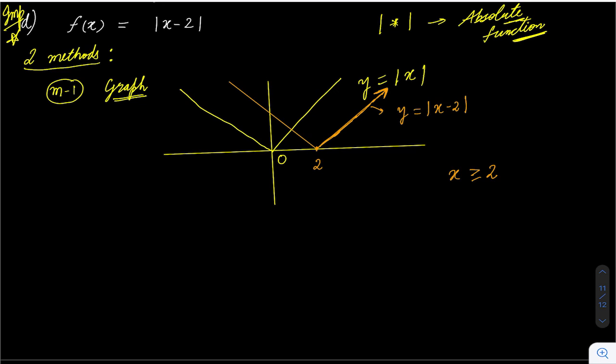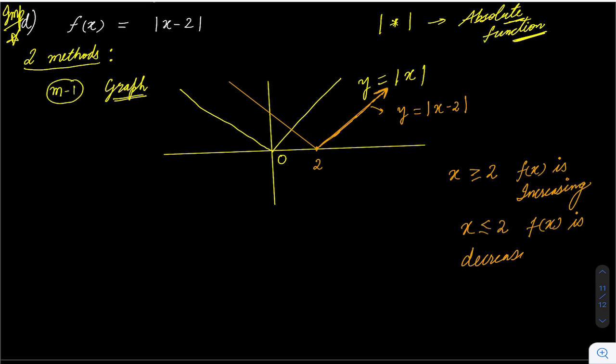It is going up. So we can say when x is greater than or equal to 2, f(x) is an increasing function. When x is less than or equal to 2, you can see on the left side the graph is going down. So when the graph is going down, my function f(x) is decreasing.